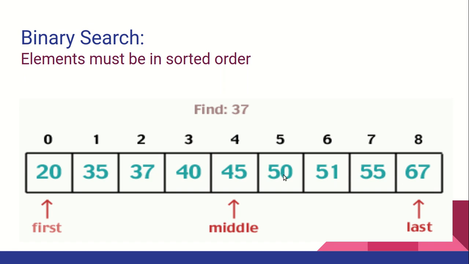So 45, 50, 51, 55, 67, all these elements are skipped and we continue with the left part only. Again we find the middle element. Now the middle element comes as 37. It might come as 35 sometimes, or it might come as 37. Now if it matches with this 37, then it returns.